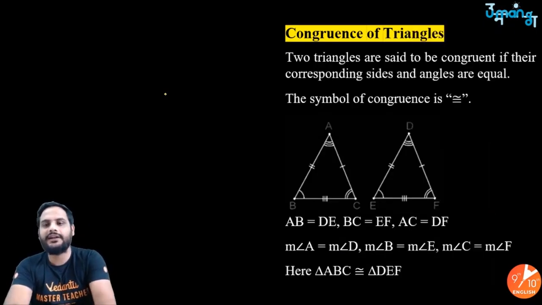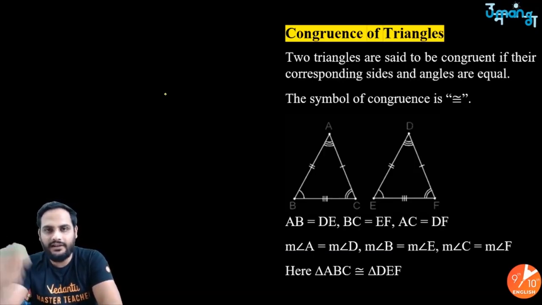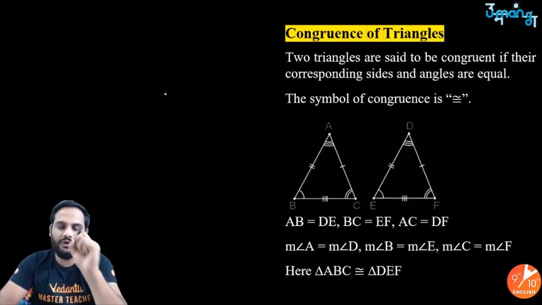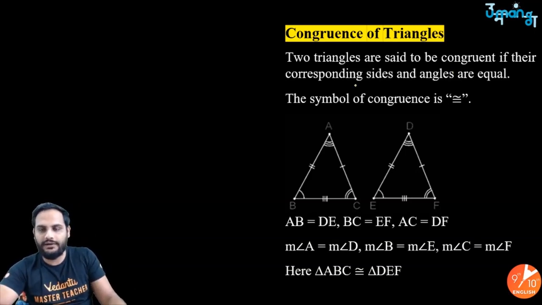Right? After that comes the part of congruency of triangles, right? First we'll understand that if two triangles are congruent, then what are the properties followed by them? The first property is that if two triangles are congruent, then their corresponding sides and corresponding angles are equal.